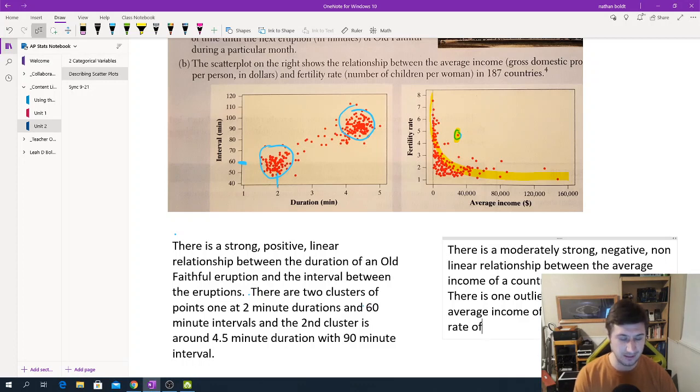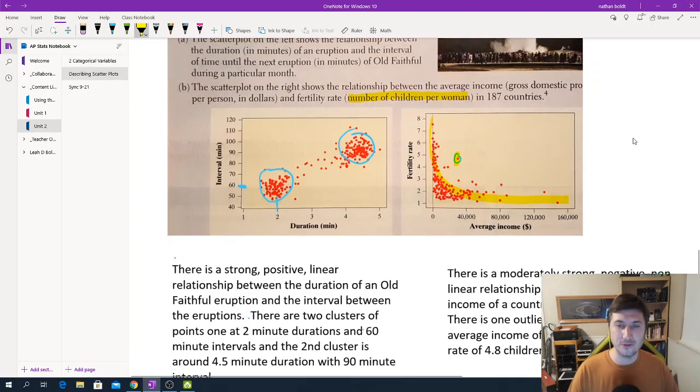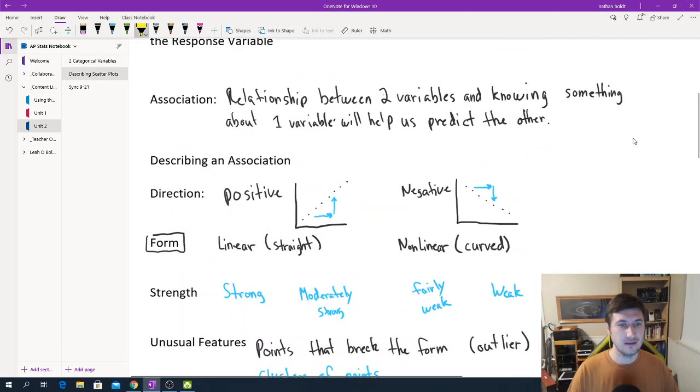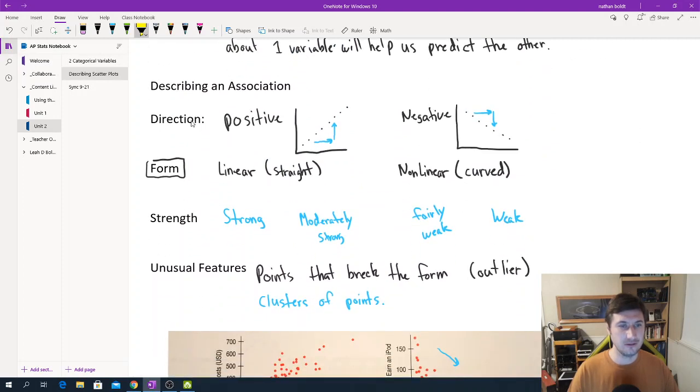So let's call that like 4.8 children per woman is what that unit was up here. I got that from the country. The fertility rate was measured in number of children per woman. All right, so that's what you want to be able to do with a scatter plot, is to describe those 4 aspects. All right, the direction, the form, the strength, and unusual features.